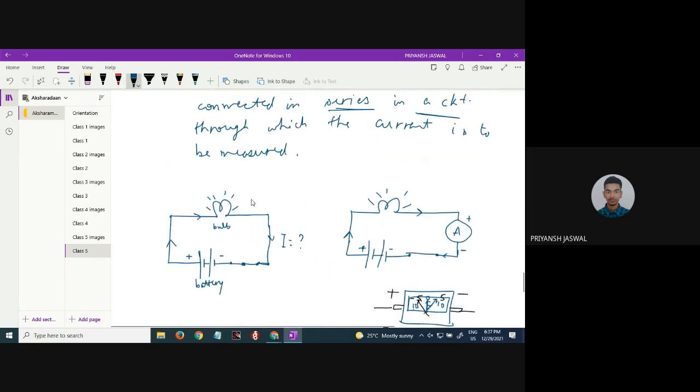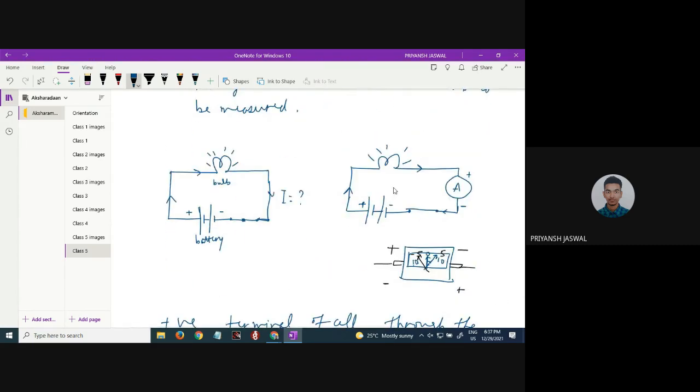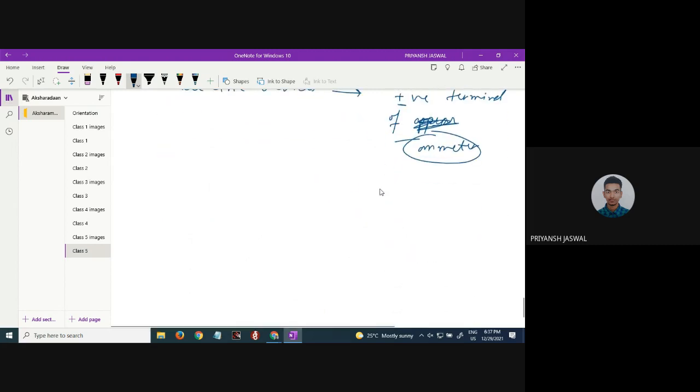Like here in the diagram also, this positive terminal of the battery, through this electric device, that is the electric bulb, faces the positive terminal of the ammeter, and the negative terminal of the battery faces the negative terminal of the ammeter. This is the convention to connect it.